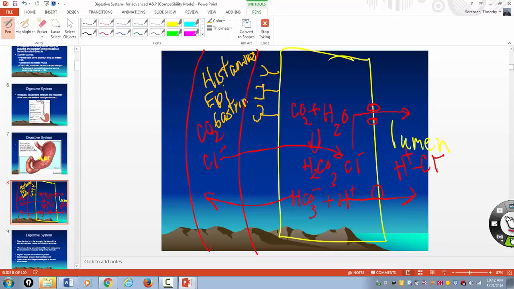These all increase the production of hydrochloric acid in the stomach. And that's important when we understand how some of the medications that are used to reduce stomach acidity work.